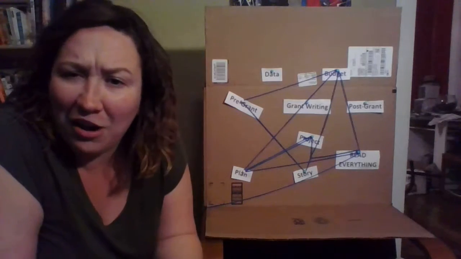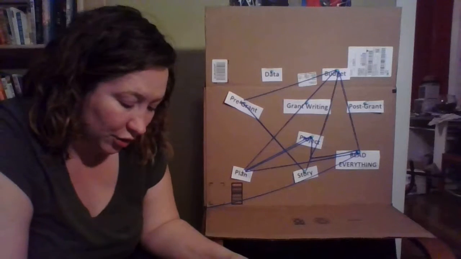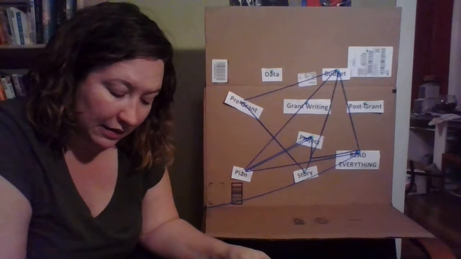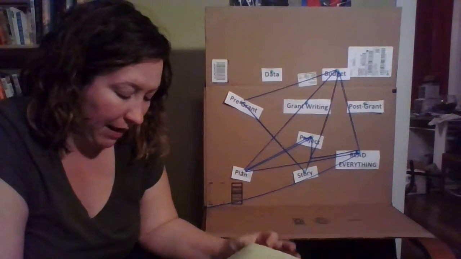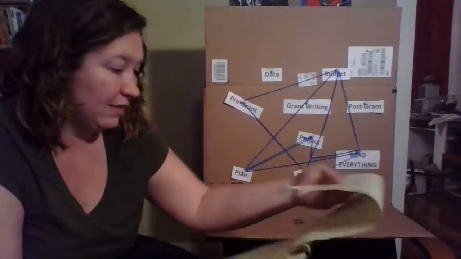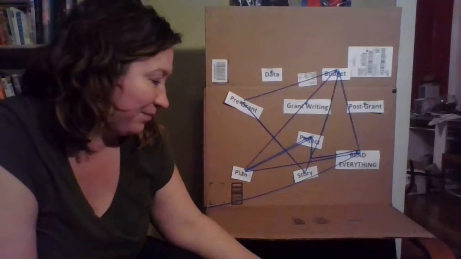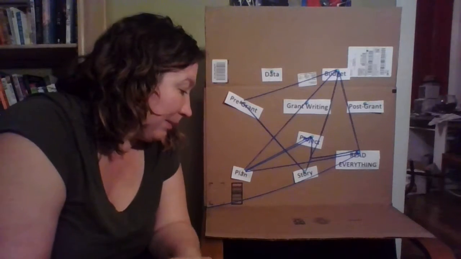So making sure that all kind of works together into a cohesive plan. So once you have really selected your grant and it matches your timeline, your story is solid, and your budget is appropriate, you can move into grant writing. And that's kind of one of the big scary parts.